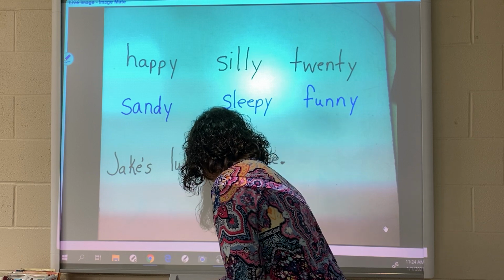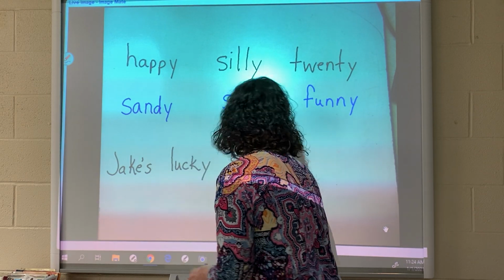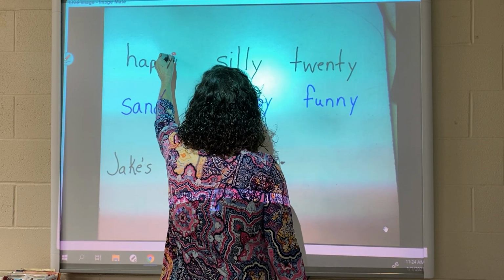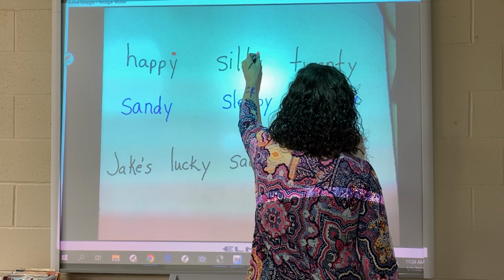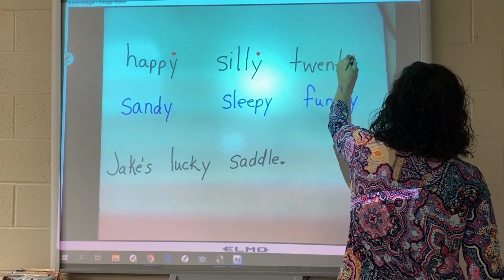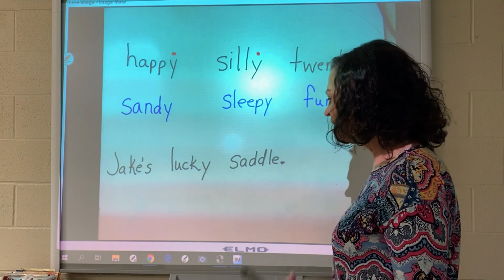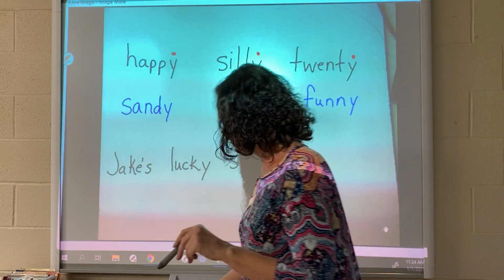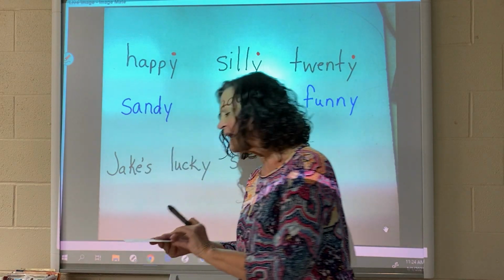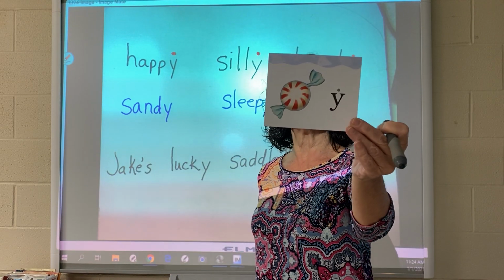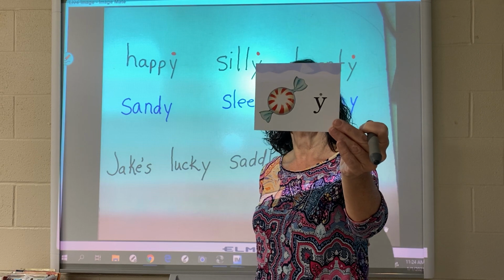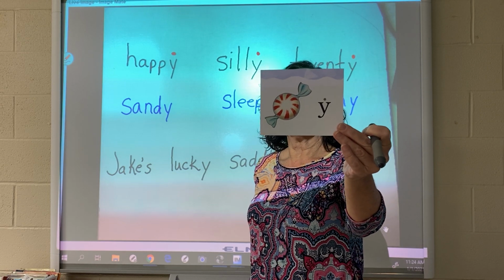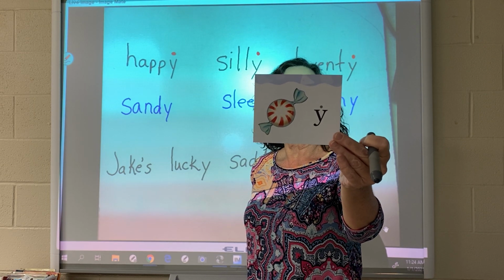And here's how I code it. I just put a dot over it. So when it says the long E sound, it just gets a dot. Remember when it said the long I sound yesterday, it had a dot and a macron for the long sound. Candy is the picture that we get to go with the Y when it makes the long E sound, candy.